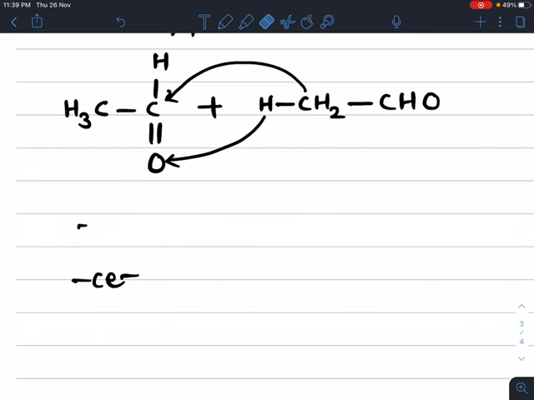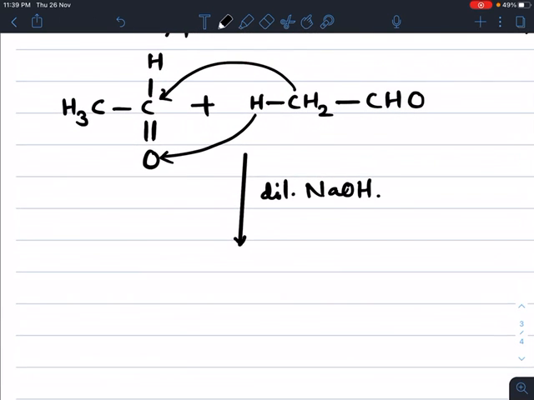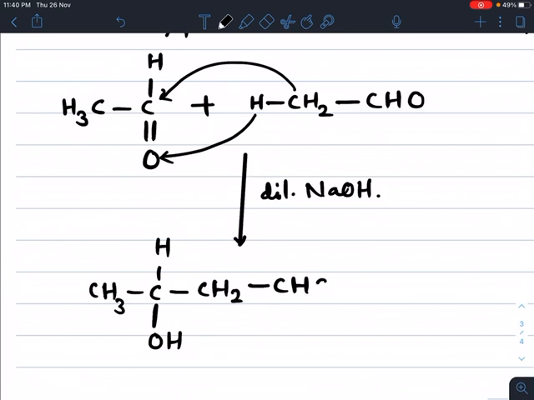This reaction takes place in the presence of dilute alkali like dilute NaOH, dilute KOH or Na2CO3. Now the addition product formed is CH3CH as it is; the doubly bonded O is converted into singly bonded OH, further bonded with CH2CHO.